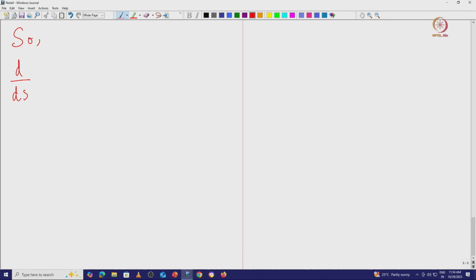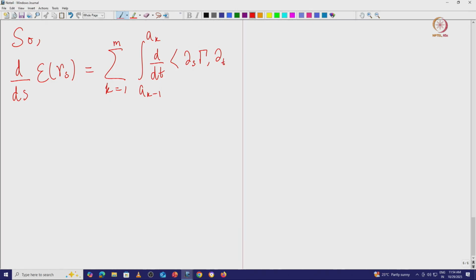So d/ds of the energy functional is now given by summation k going from 1 to m of 2 terms. So the first term is basically just d/dt of the inner product of ∂_s gamma and ∂_t gamma, okay, and then minus the summation k going from 1 to m of the inner product of ∂_s gamma and D_t ∂_t gamma.